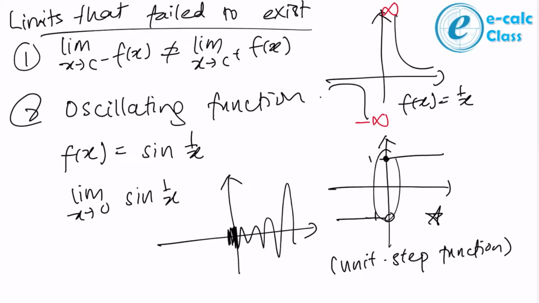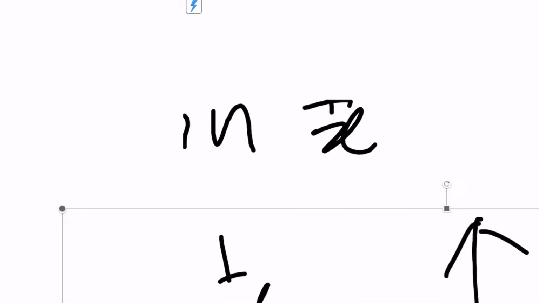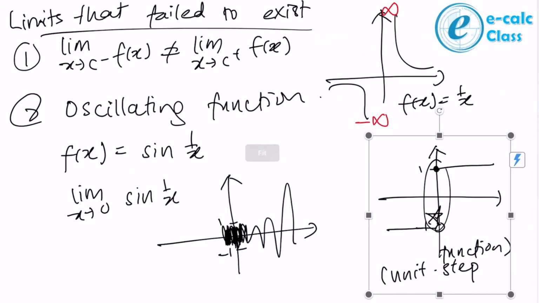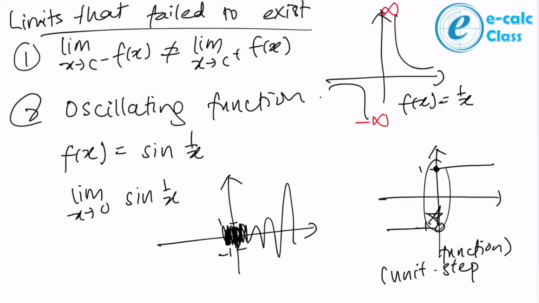When it is close to 0, it fluctuates. The value fluctuates between 1 and -1. If you zoom in, you still don't know which one to take. So this is a problem. Then we say that the limit does not exist.